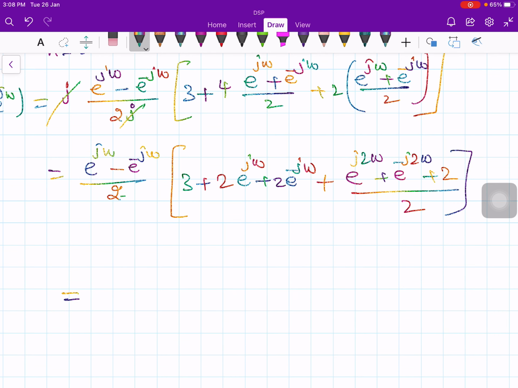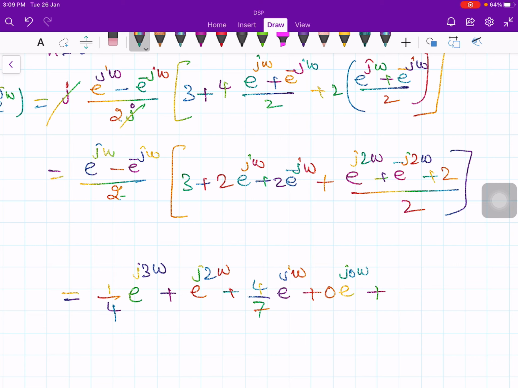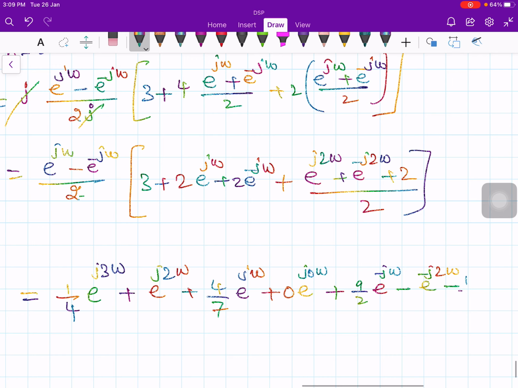And if you simplify this, let me write down the final answer: 1 by 4 e to the j times 3 omega plus e to the j2 omega plus 4 by 7 e to the j omega plus 0 times e to the j times 0 omega plus 9 by 2 e to the minus j omega minus e to the minus j2 omega minus 1 by 4 e to the minus j3 omega.